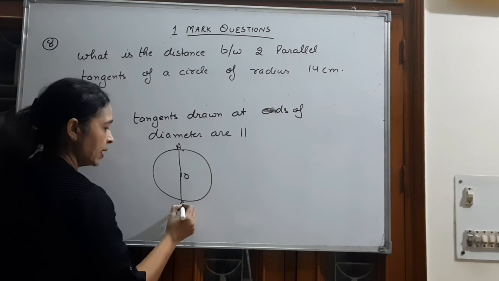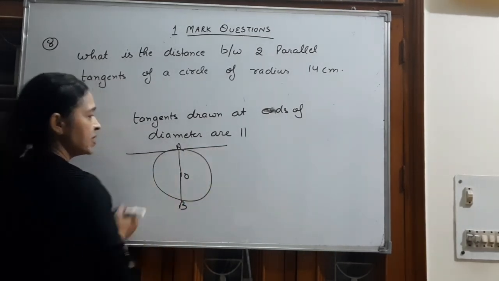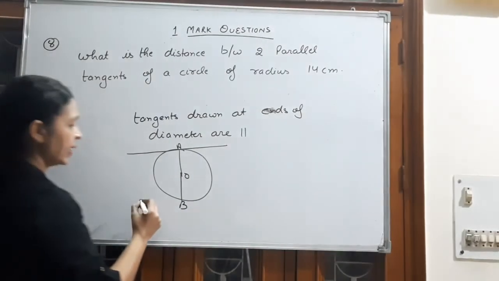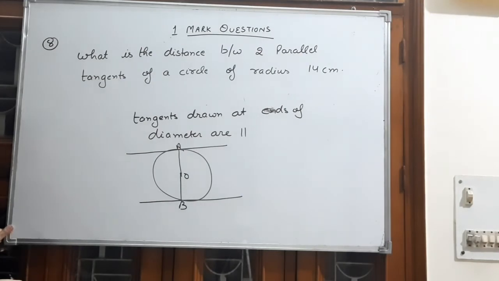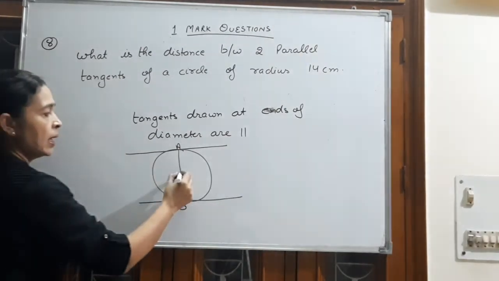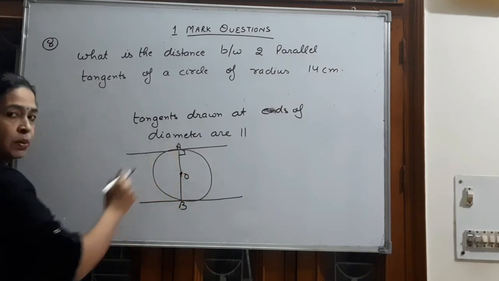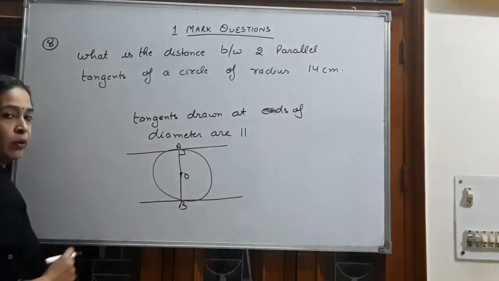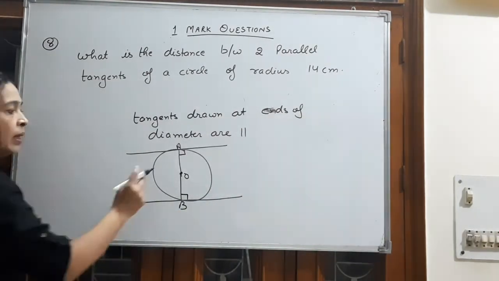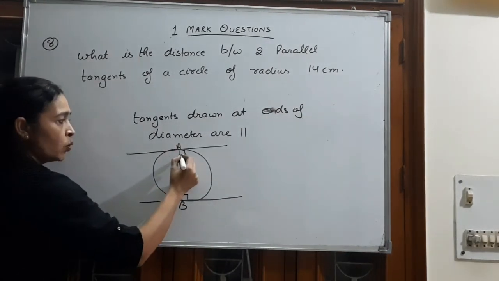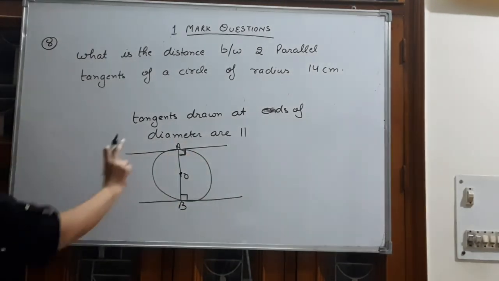AB is our diameter. The tangent which touches the circle at point A and the tangent which touches the circle at point B are parallel tangents, because this angle is 90 degree, tangent is perpendicular to radius. OA is perpendicular, OB is also perpendicular, this is also 90. These both angles are co-interior angles and their sum is 180. It means these are parallel.